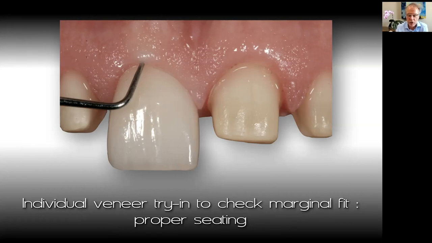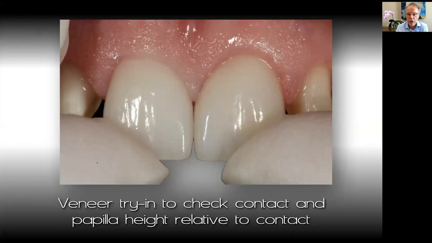And therefore, I quickly check marginal fit. I then check 2 together, and I have to check the interdental contact to make sure it's not too tight. And I'm doing that by, again, checking marginal fit. Okay, so I'm looking at their fitting, their seating all the way. So what do I have to do next? I have to evaluate the tip of the papilla relative to the contact.